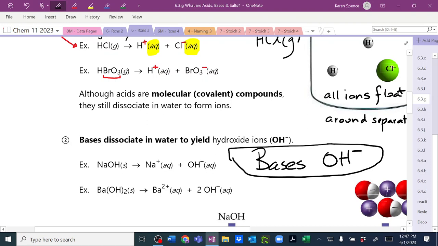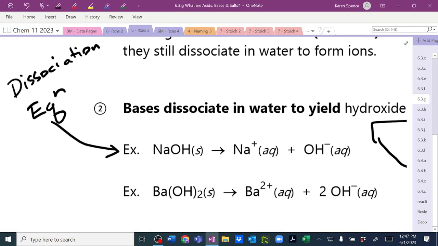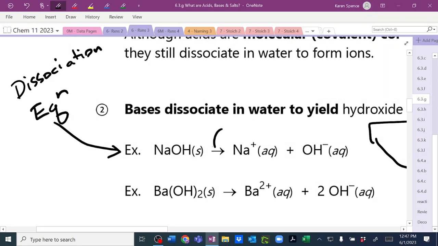Here we have our dissociation equation. If I take some NaOH solid and we dissolve it in water, it separates into Na plus ions and OH minus ions, which then float around separately from one another.